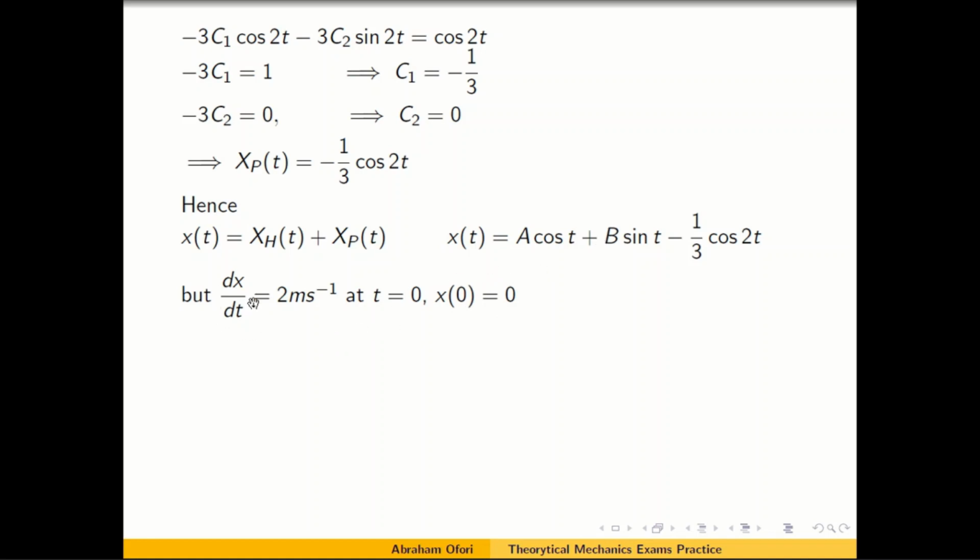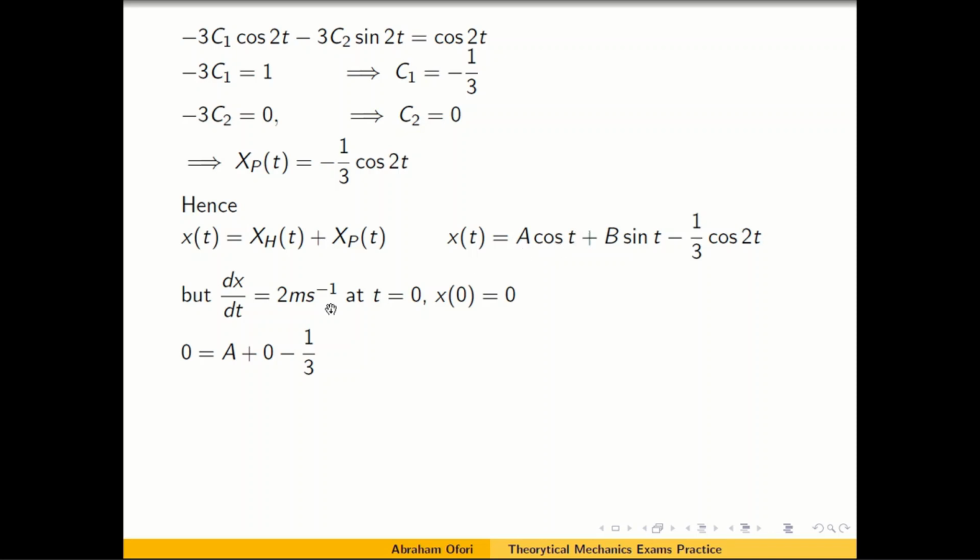We know that the velocity, which is dx dt, is equal to 2 meters per second at time t equals 0, and at that time x of 0 is equal to 0. So let's put t to be 0 in this.